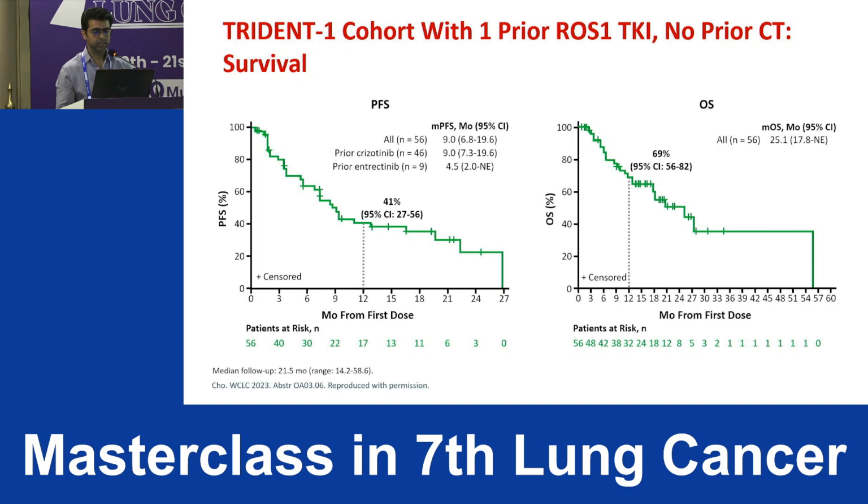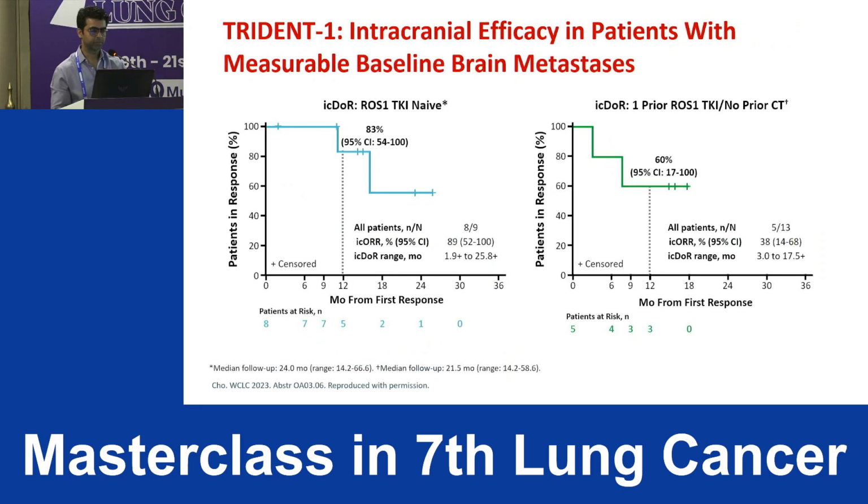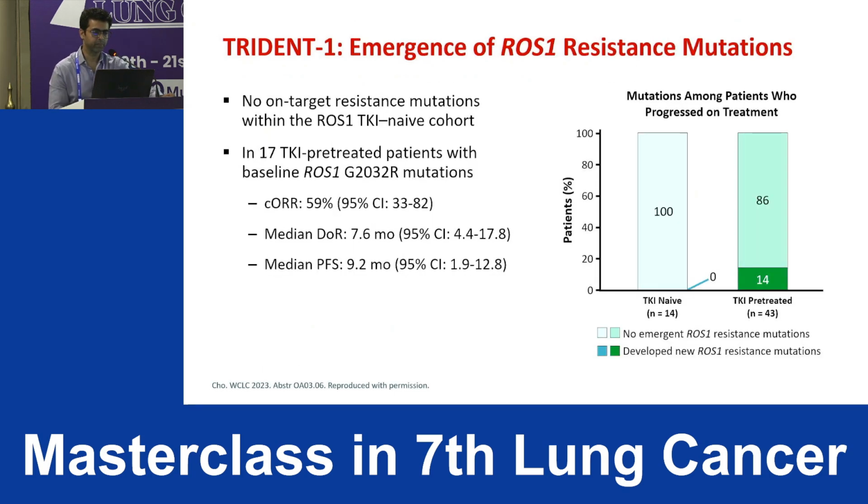The median PFS in patients receiving prior crizotinib was 9 months, and overall survival in the whole cohort of patients was 25.1 months. It was showing good blood-brain penetration, and the intracranial overall response rate was 38% in patients who had received prior lines of ROS1 TKI.